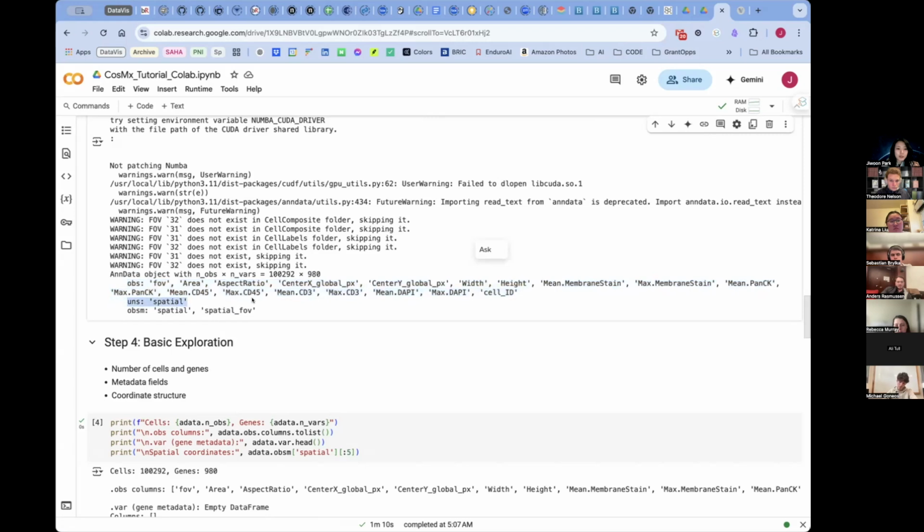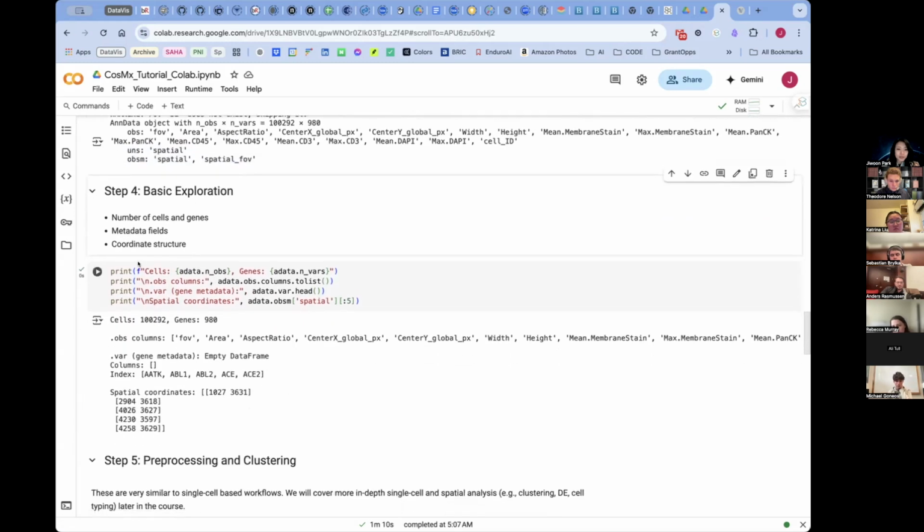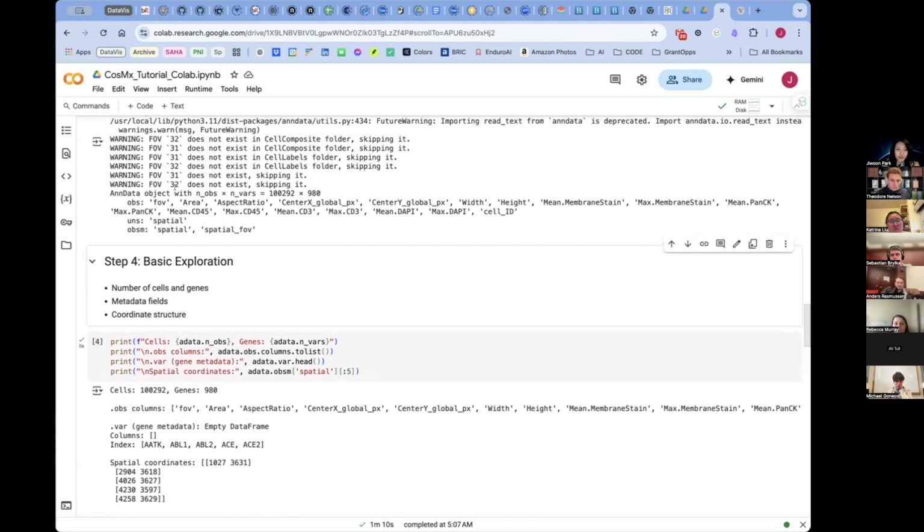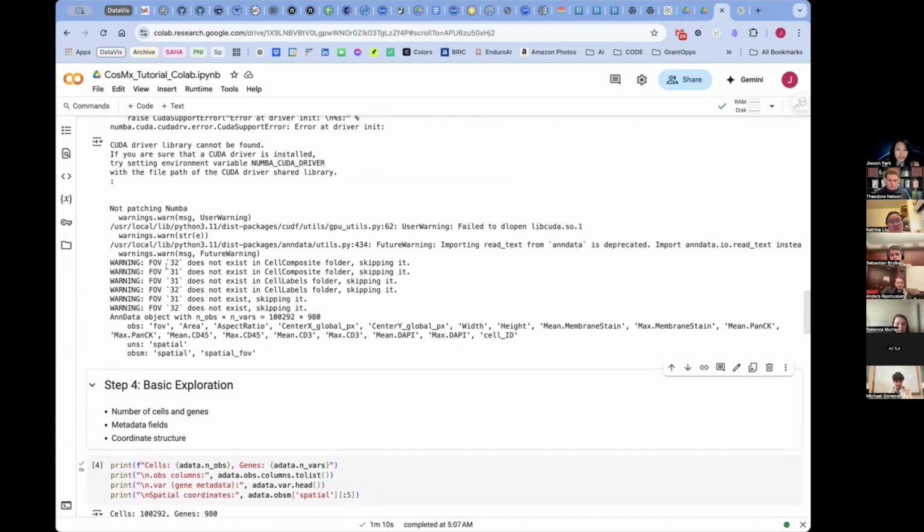The uns and obsm slots do have spatial information. Once you run dimensional reductions, which I already ran briefly before the class, you will have dimensional reduction information stored in unstructured information as well. To inspect the data sets, you can simply load the AnnData and look into the basic structures.